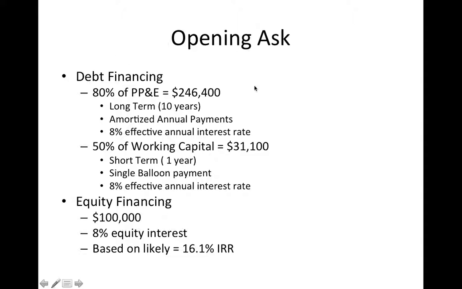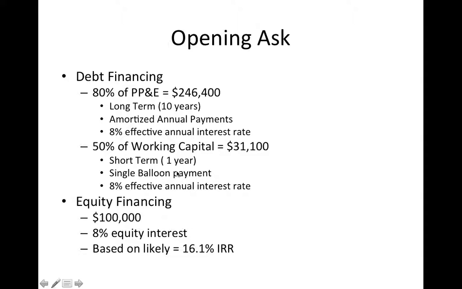Now, in terms of the opening ask, from our standpoint, we would like to achieve an 8% rate on the debt, both long-term and short-term. The long-term, we think that's reasonable because that would be secured debt. It's basically commercial debt, but it's secured by the land and the equipment and the building.